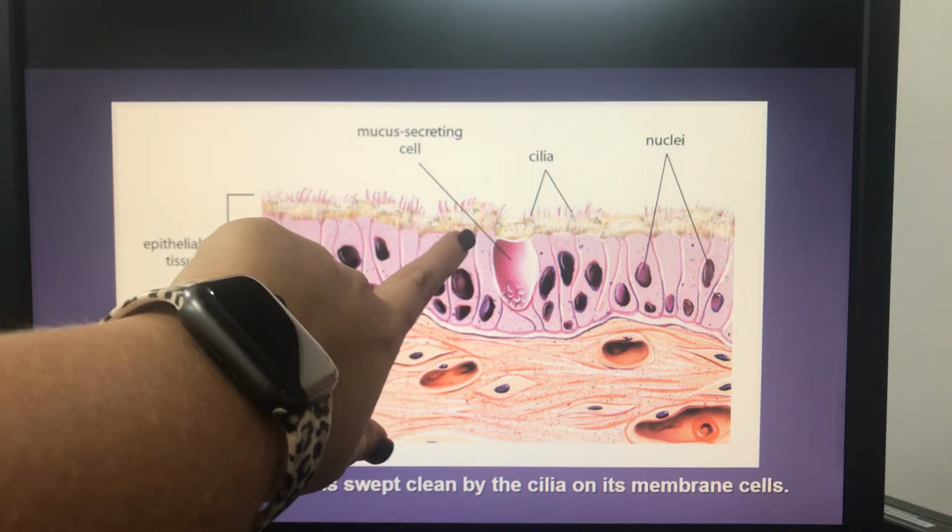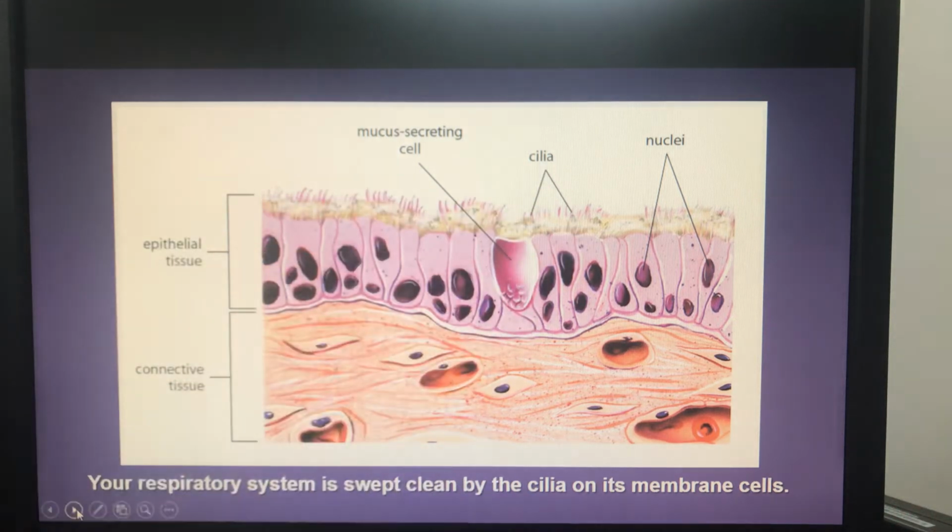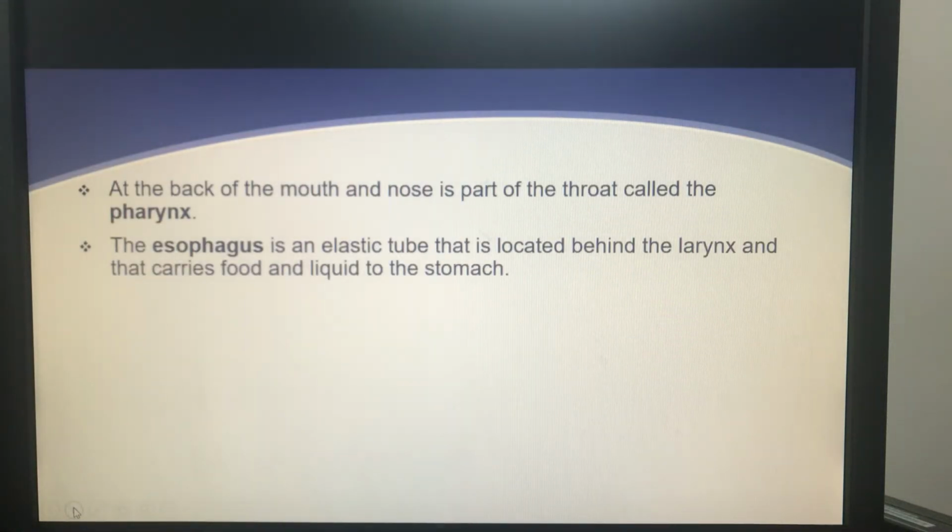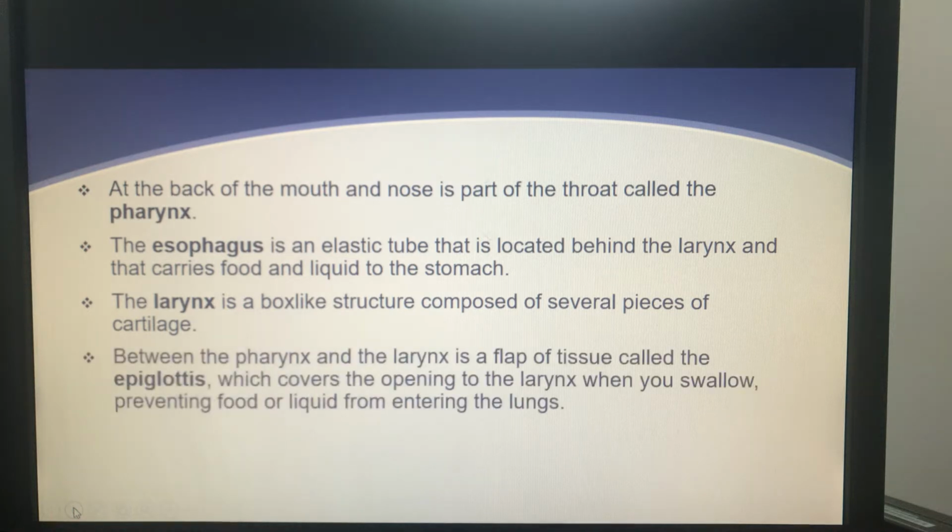Those are the cells that do that, and all those little tiny hairs are the cilia that help move that mucus through so it can be swallowed. It also helps food pass through more easily. If there wasn't anything there to lubricate that airway and throat, it would cause friction and make it harder to swallow. So really that mucus is there to help.